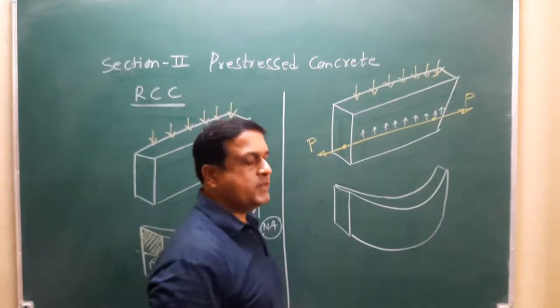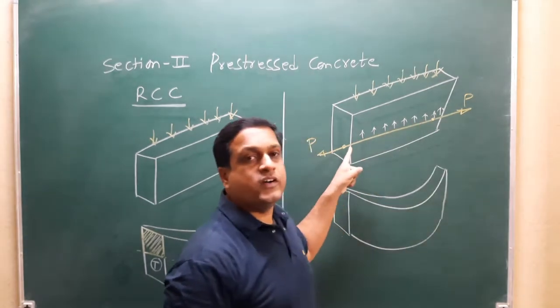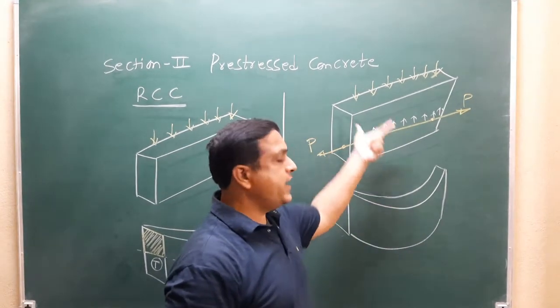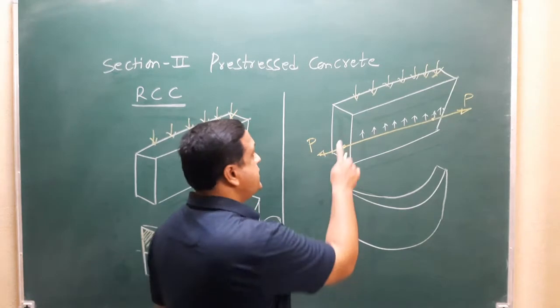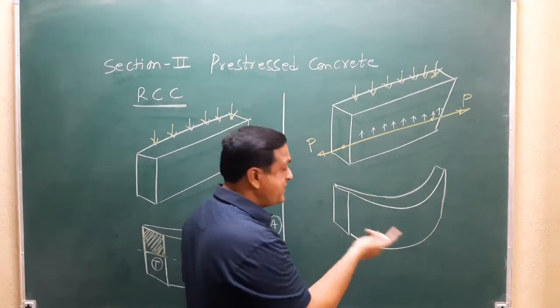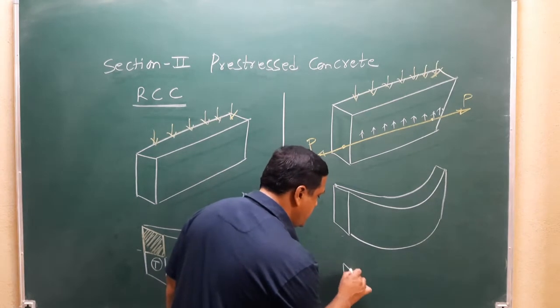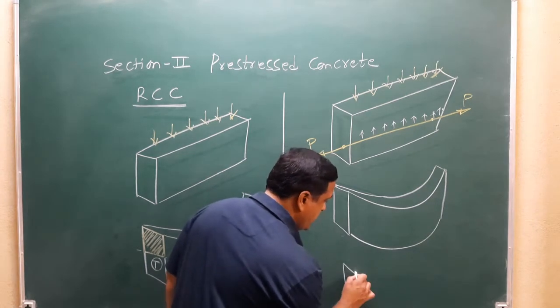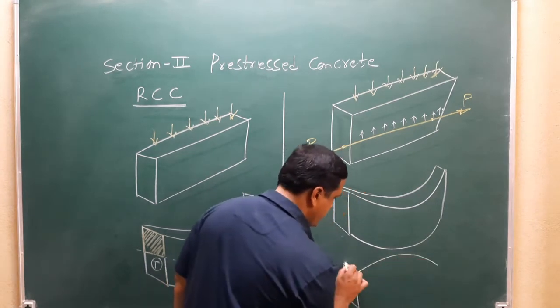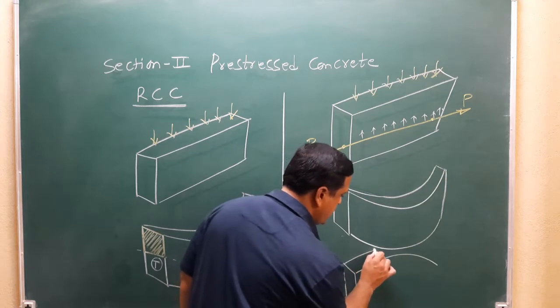Upward thrust is developed, and due to this upward force, this beam gets bent exactly opposite of this, like this. So this beam gets bent like this. I will show you here.